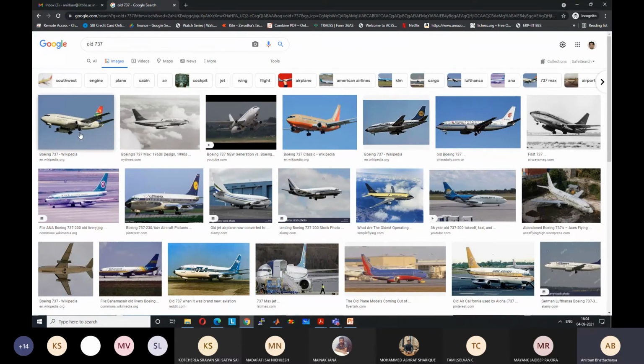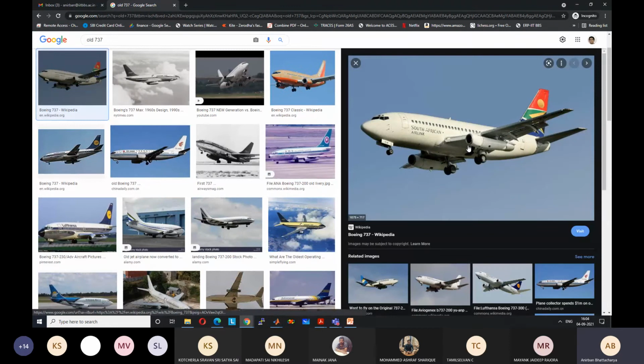The wing is attached at a very low point in the body, not at a high point. Now, if you see a new aircraft, you will see that the wing is attached at a high point, somewhere just below the window. But here you can see the wing is attached at a very low point, and this was no problem. You can clearly see the turbojet engine here. This is a nice picture. You can see that it is very thin and narrow.